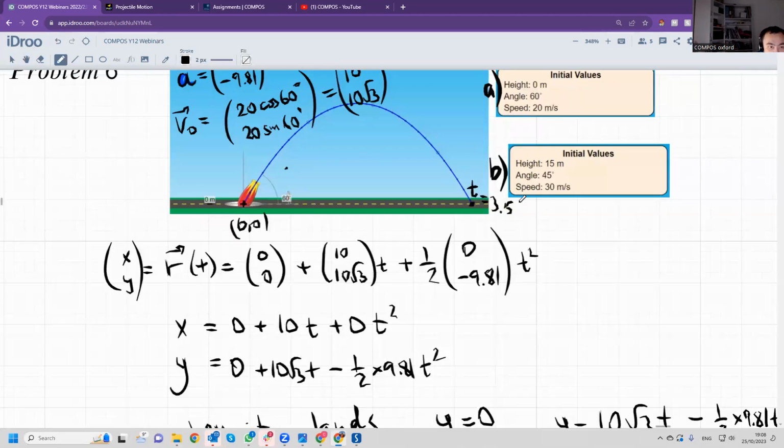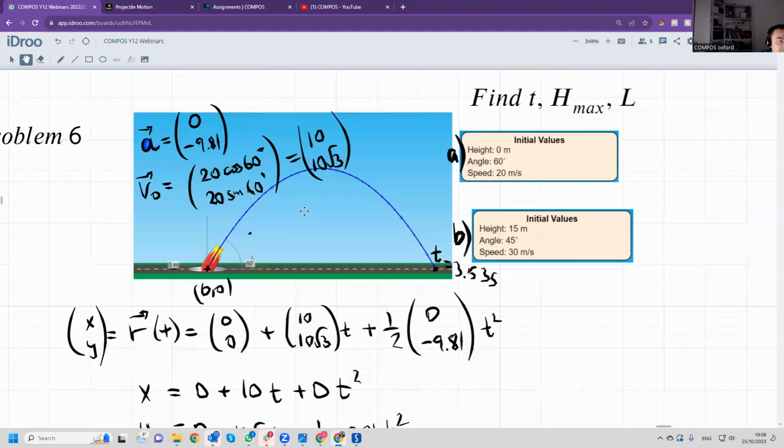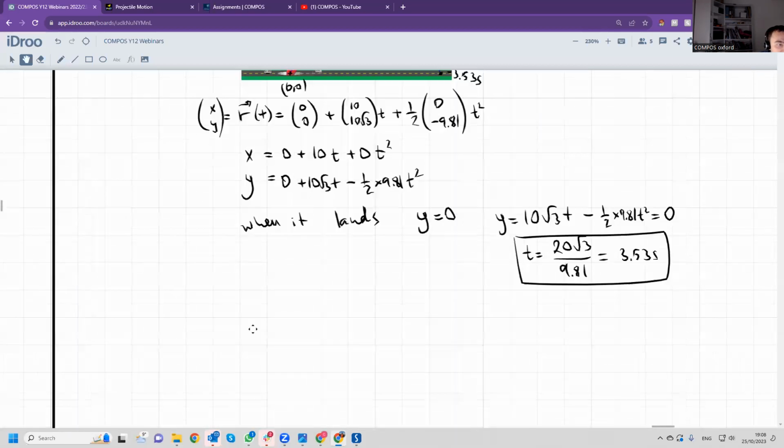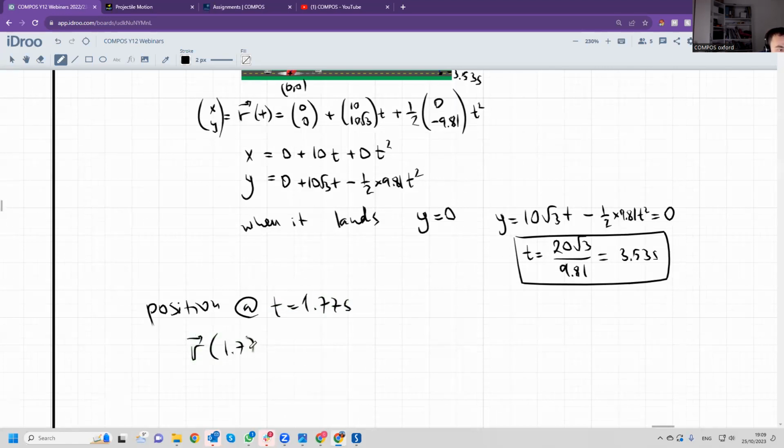T is 3.53 seconds. It takes half the time to reach the maximum point. So the maximum point is t equals half of that. So divide by 2, 1.77 seconds. All right. And then we do position. Position at t equals 1.77 seconds. And this is r of 1.77.